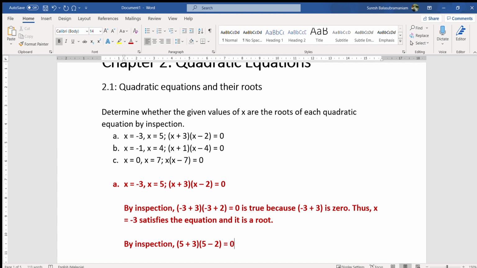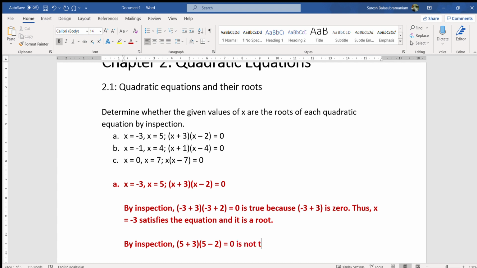This is not true, because on the right hand side it's 0, but on the left hand side 5 plus 3 is 8 and 5 minus 2 is 3. Neither part produces 0, so on the left hand side you will not get 0. So this is not true.